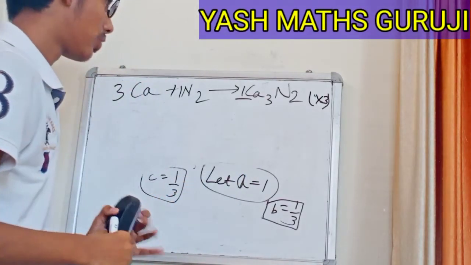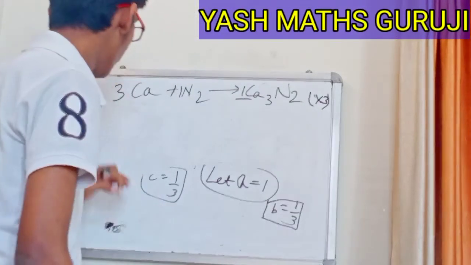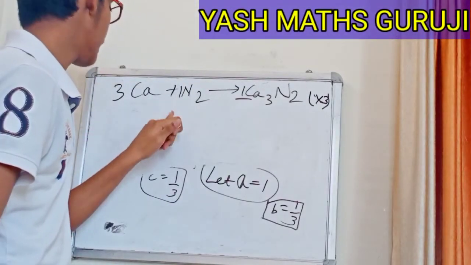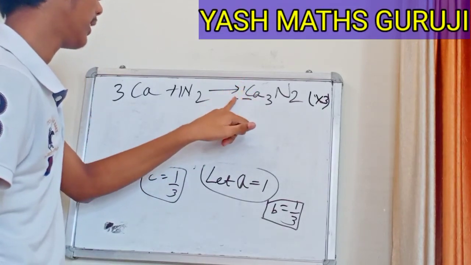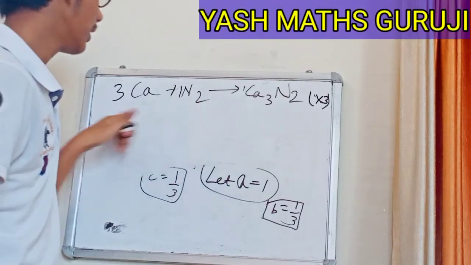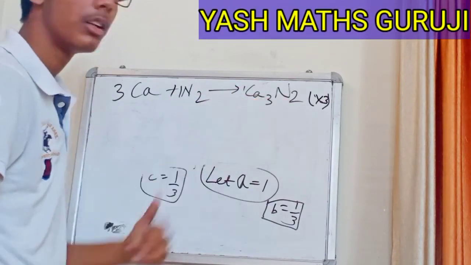So let's check whether our reaction is balanced or not. Ca on the left hand side is 3, and on the right also 3, so Ca is balanced, and N is balanced.